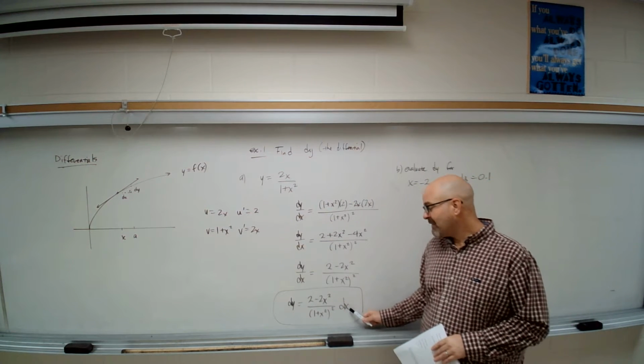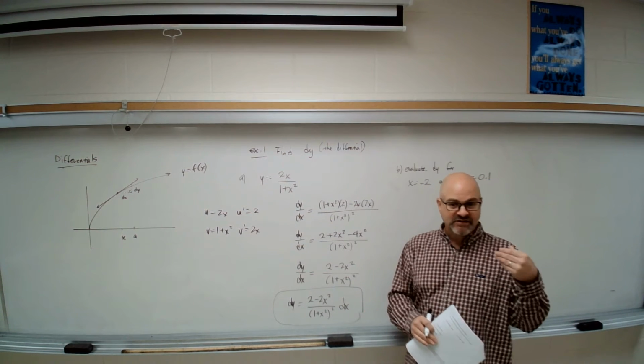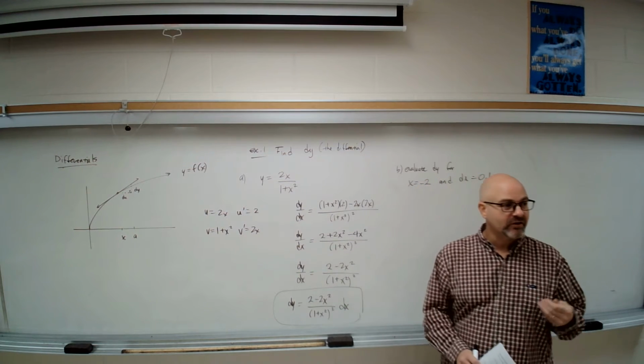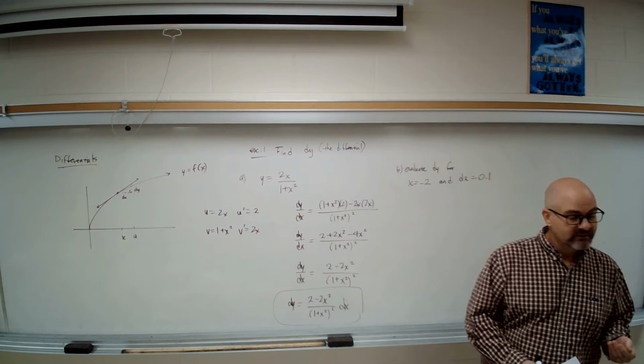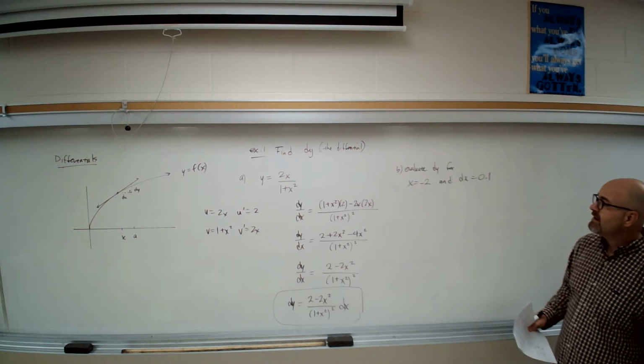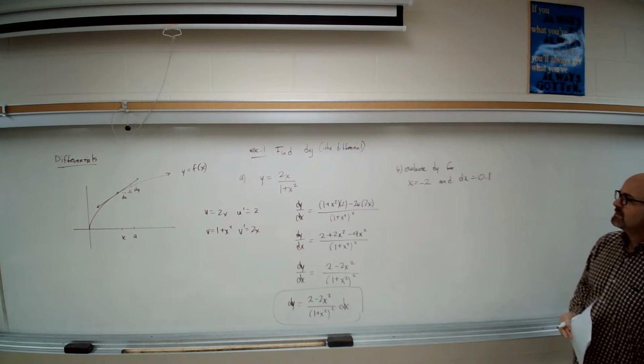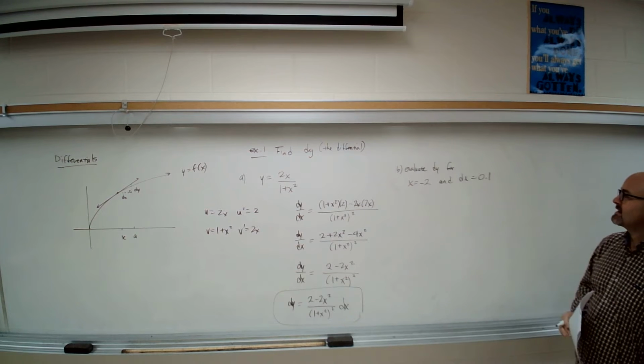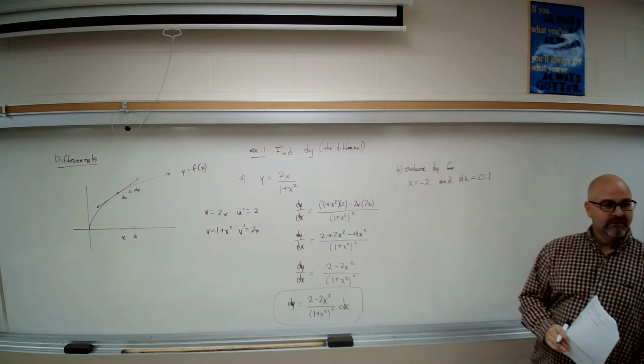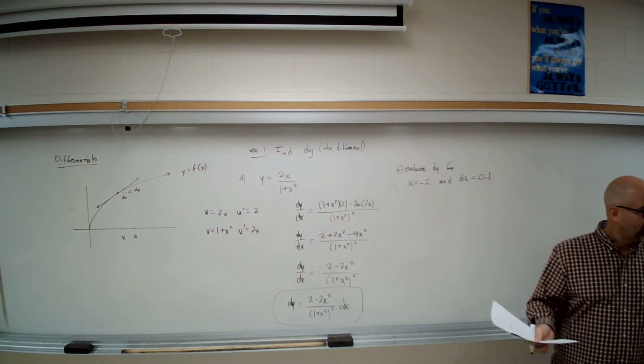If you multiply that by the amount of change in the x direction, it'll tell us how much change occurred in the y direction. Okay, so for part B here, we're just going to evaluate dy for x equals -2 and dx equals 0.1. Of course, it has to exist and all that stuff there, right?